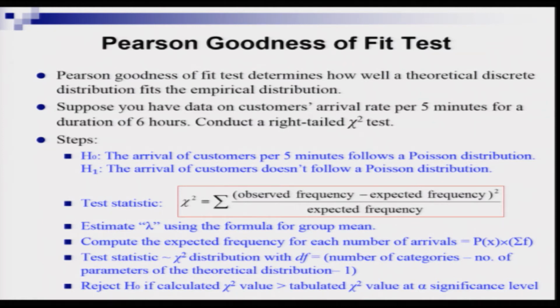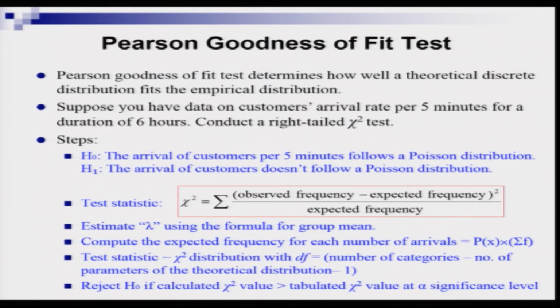Now, if you remember, chi-square distribution always works with degrees of freedom, and here let us see what degrees of freedom we have to assume. Here the relevant degrees of freedom will be based on the number of categories.